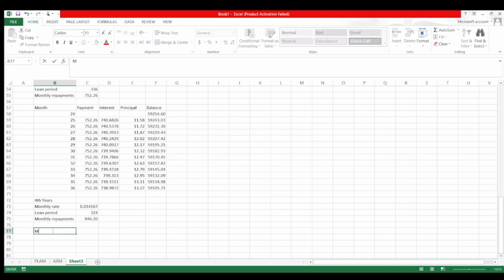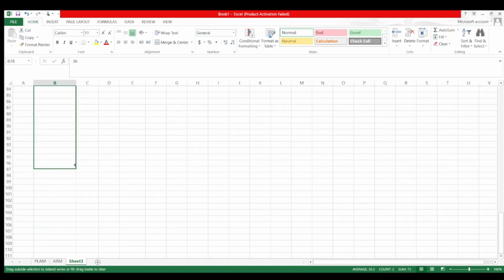Then proceed and create your amortization table. Now this will move from 36 all the way to 48.